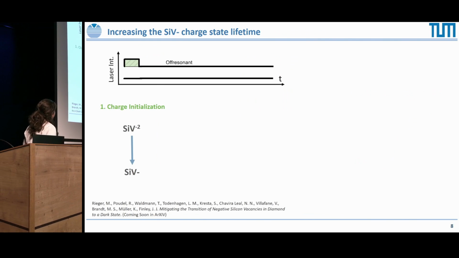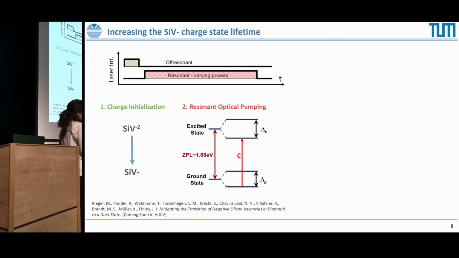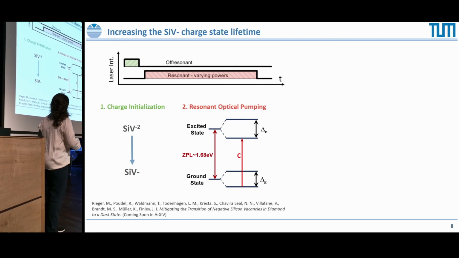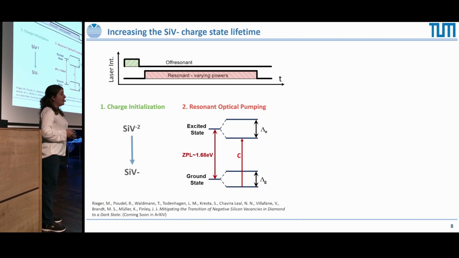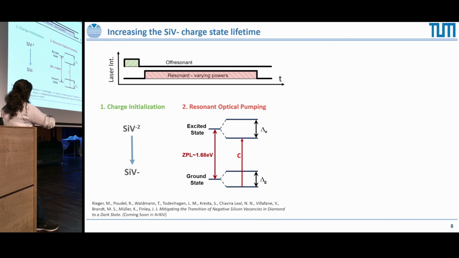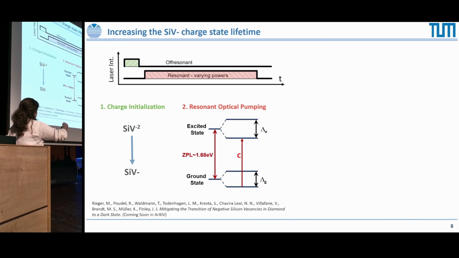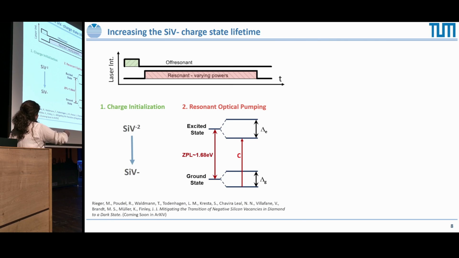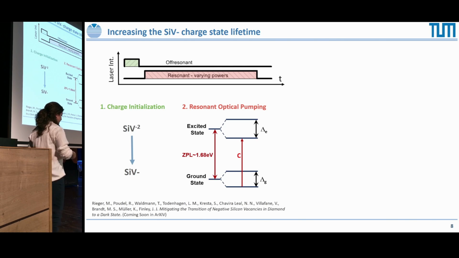What did we do in the meantime? Well, we started addressing our SiV color center in diamond using resonant excitation. We are doing this because we want to do an optical pumping scheme to optically initialize our spin state. For instance, we take a laser and shine it on the C line, and then we can initialize our state in the upper manifold of the ground state.